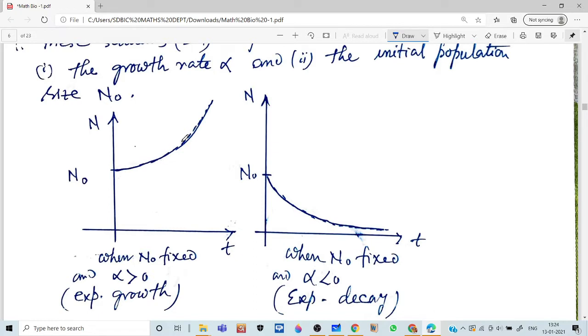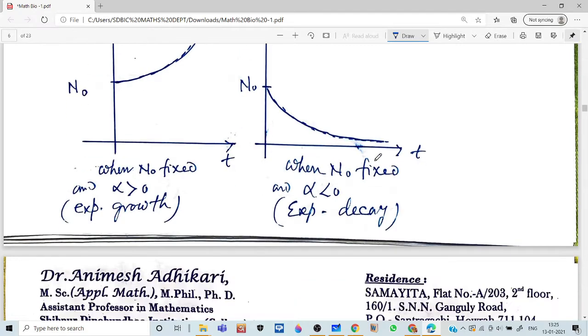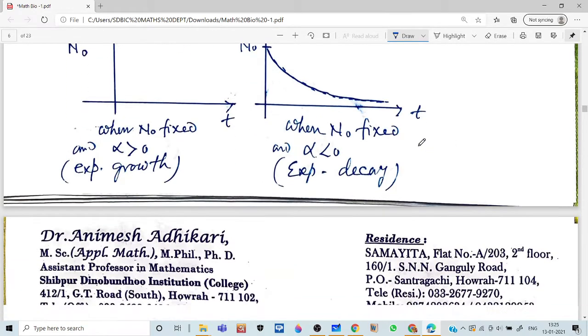Here N0 is the value on the N axis, and along the x axis is the time axis t, and the y axis is the total population size capital N. And when alpha is negative, it is exponential decay, and the solution curve is of this type. When t tends to infinity, the population size decays and ultimately vanishes.